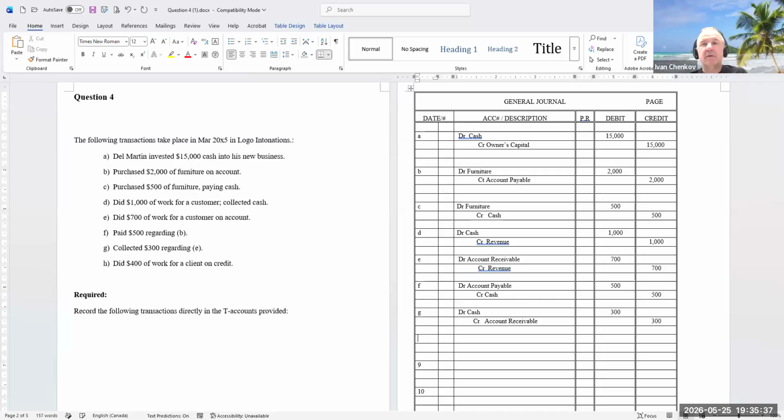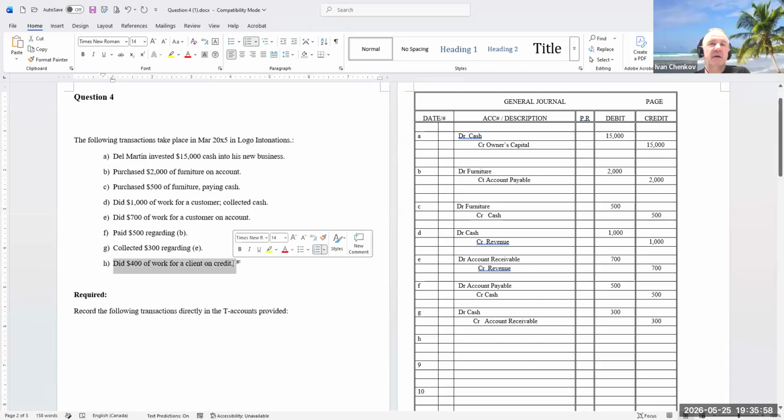And letter H, what's happened now with letter H? Now we did more work for the client, but again on credit. So did this event happen before?